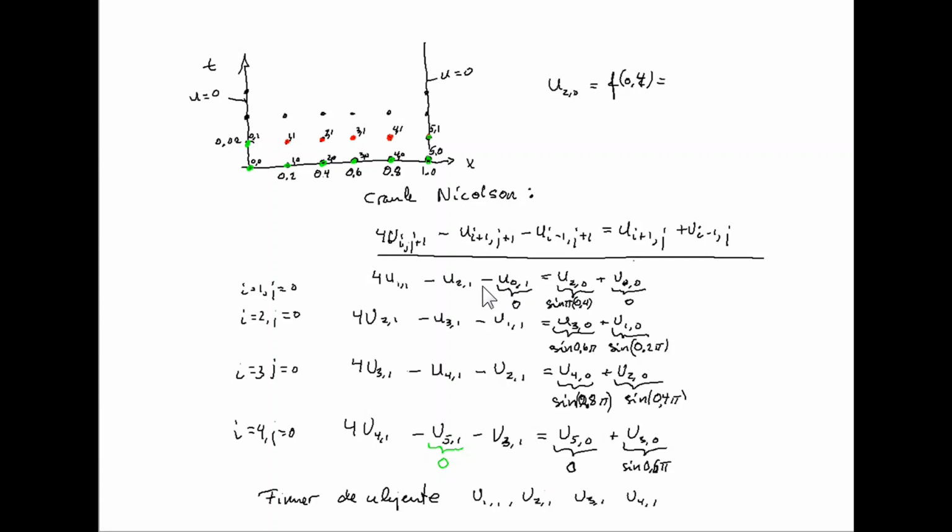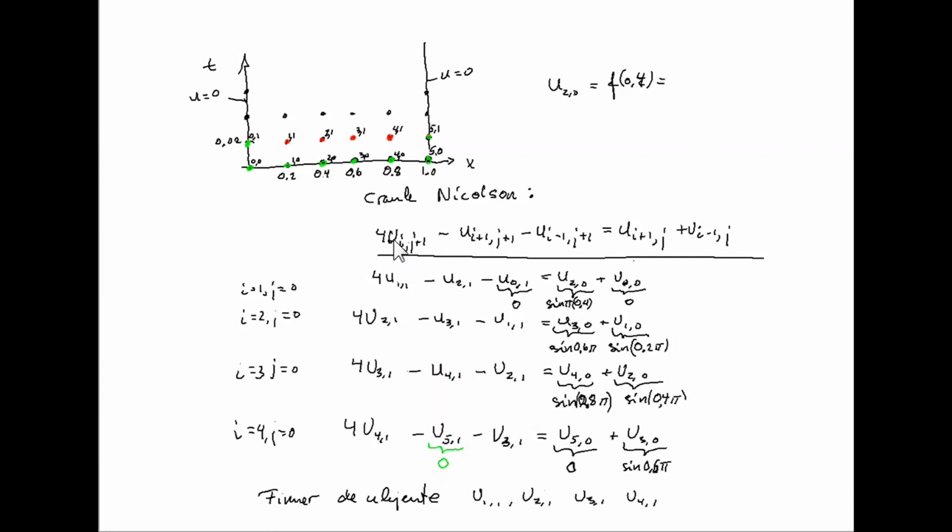The second equation: for the second equation we write i equal to 2. So in the first equation we have the relation between u11 and u21, but we cannot solve the equation unless we have more information about it. So we need this second equation, which is obtained when i is equal to 2.